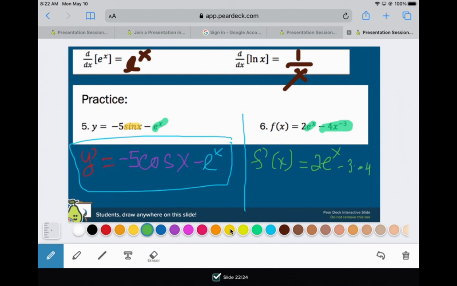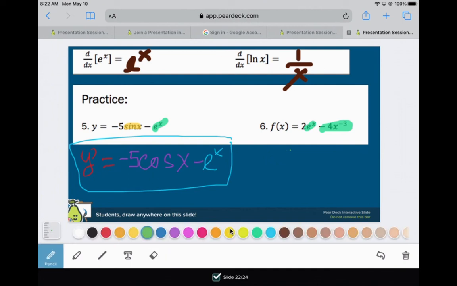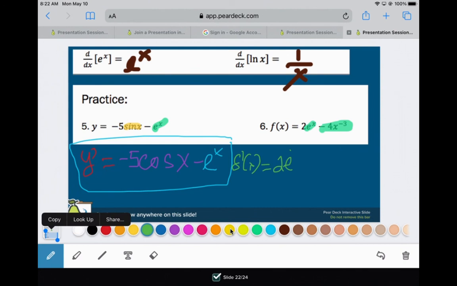I need more space, so I'm just going to erase this and rewrite it. F prime of x is 2e to the x, that stays. So minus, in here, I bring down the negative 3 times 4, negative 3 minus 1.